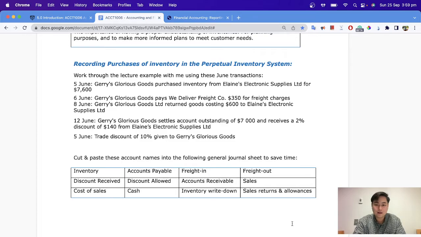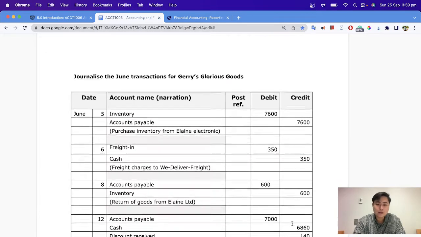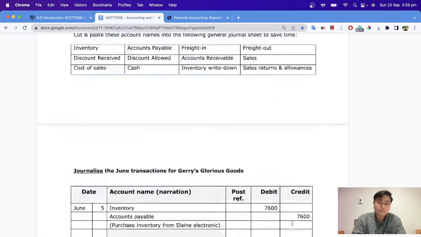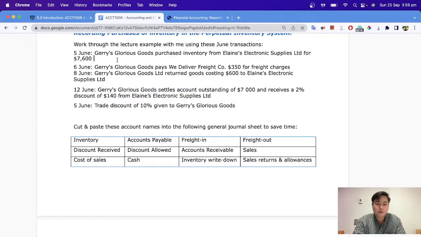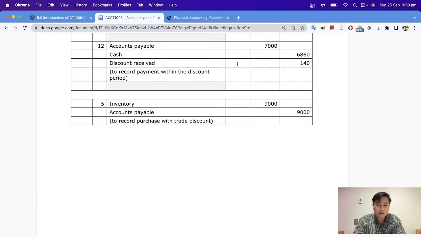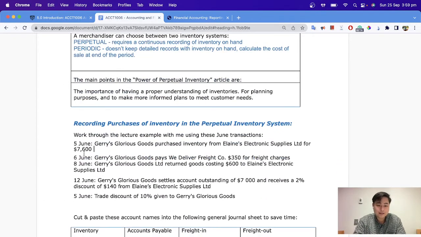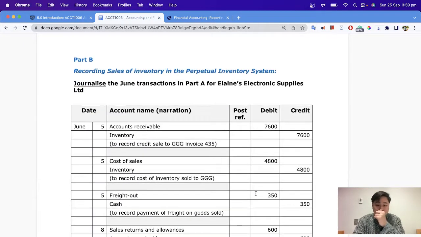So once again, 5th of June, from the perspective of Eileen's Electronic Supply, we have the sale of 7,600 to Jerry. So what we see right here is accounts receivable goes up, which is an asset account, so we debit it by 7,600, and inventory goes down by 7,600.